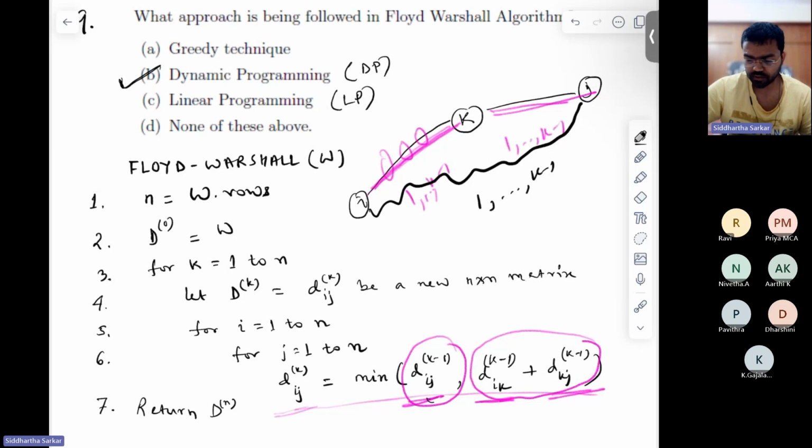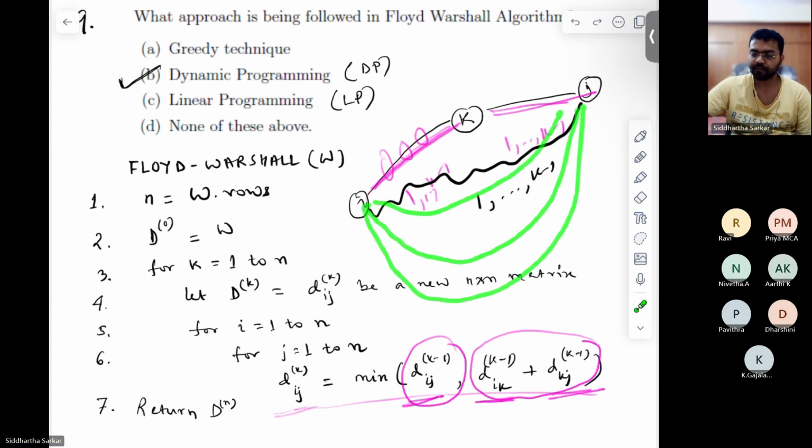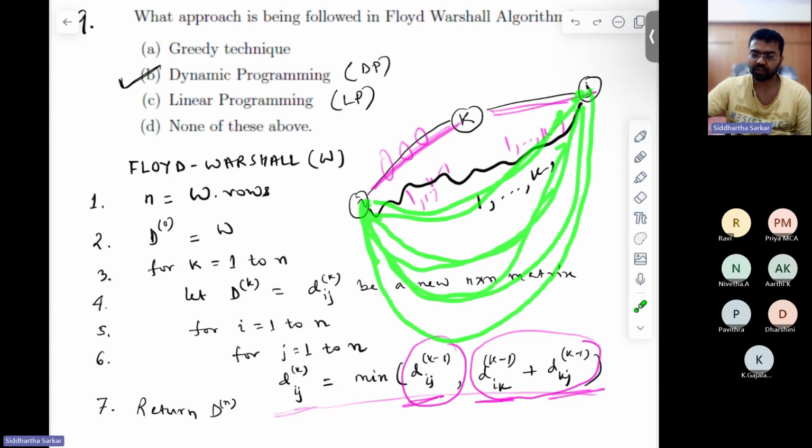We are just comparing these two values, and we are trying all sorts of possibilities. Out of all the paths between i and j that do not use the vertex k, which one is minimum? So we are trying all sorts of possibilities.